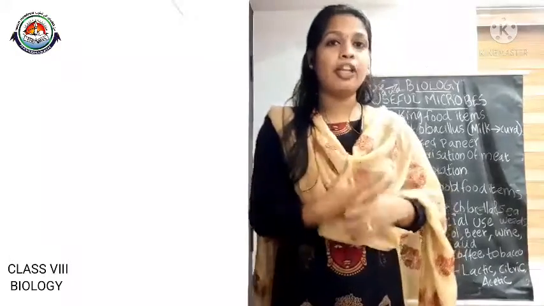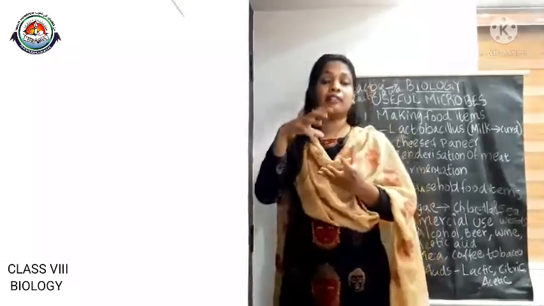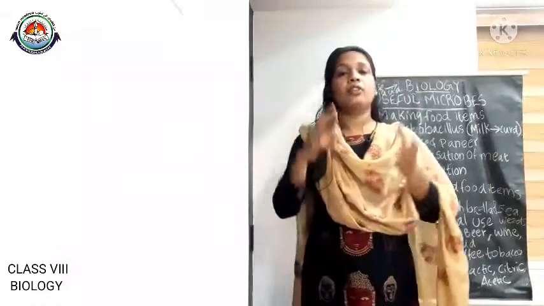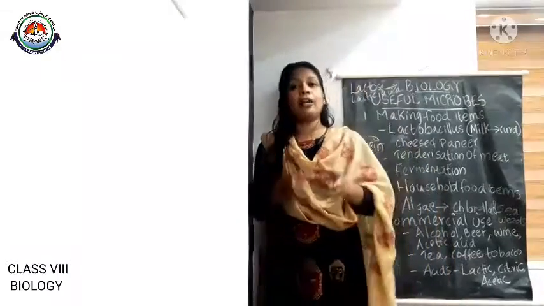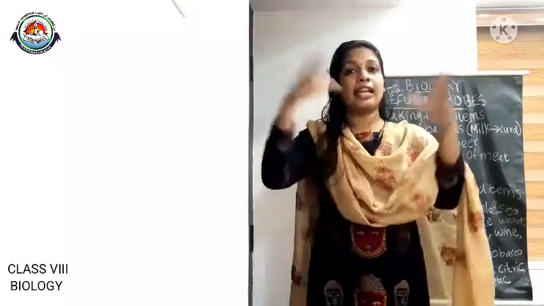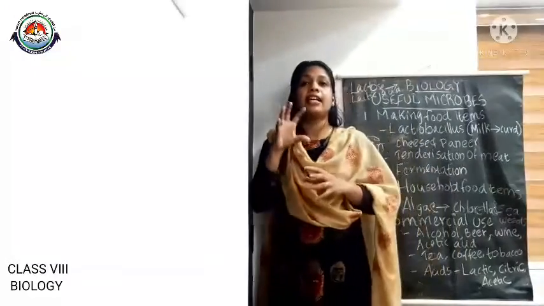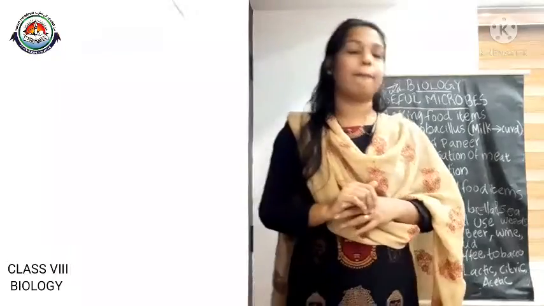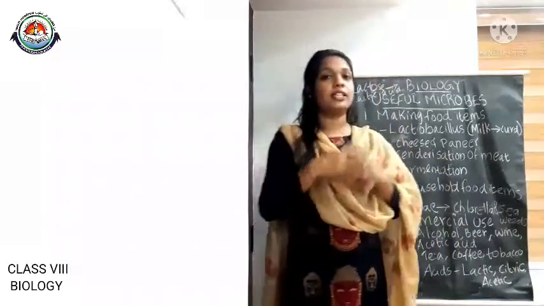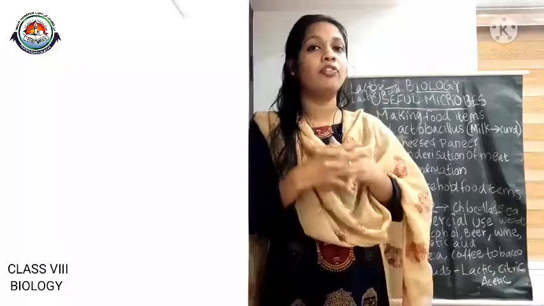And when the carbon dioxide is produced in the dough, the volume of the dough will rise. And when we use this dough for baking the bread, the carbon dioxide inside it will escape, and that leads to the fluffy and light nature of bread. Okay, that's how the pastries, cakes and breads are prepared by the fermentation of yeast.